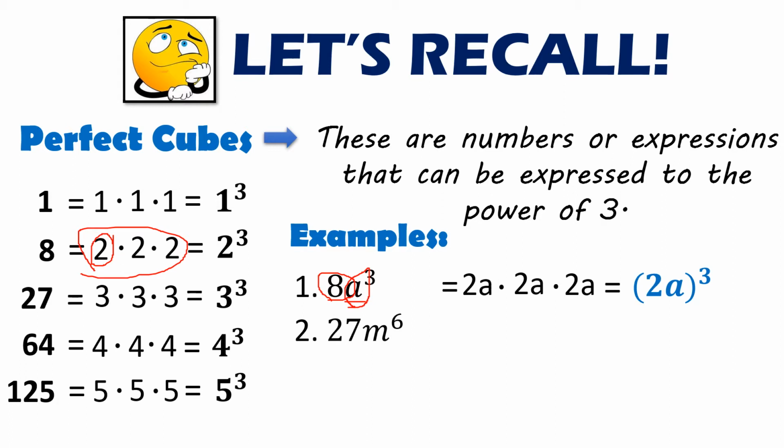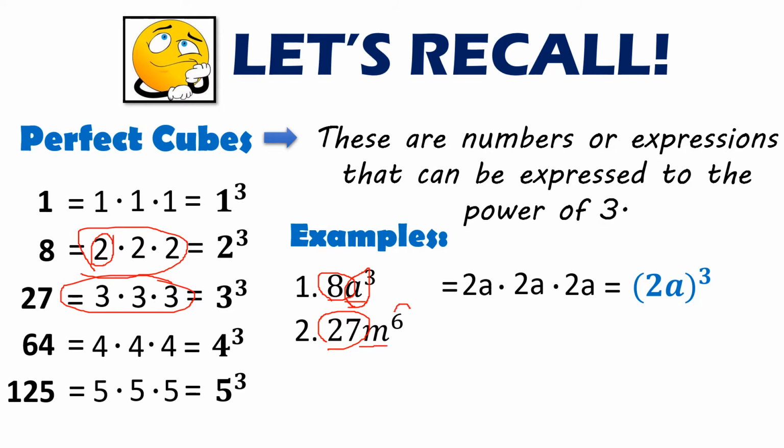Number 2, example, 27m raised to 6. 27 is a perfect cube because a while ago, we have identified its factors, which are 3 times 3 times 3. How about the variable m?